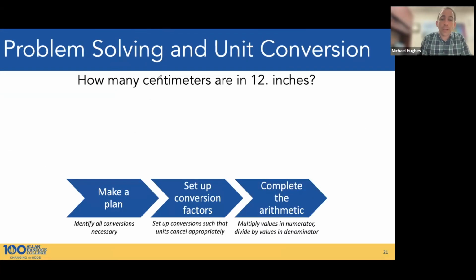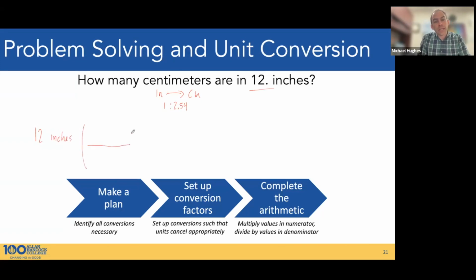So let's make a plan. We want to go from inches to centimeters, and there is 2.54 centimeters in 1 inch. That's what our conversion guide has told us. So we're going to start with what we know in setting up our conversion factor, which is 12 inches.